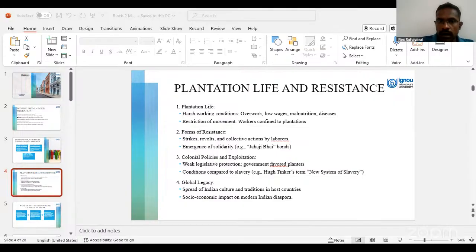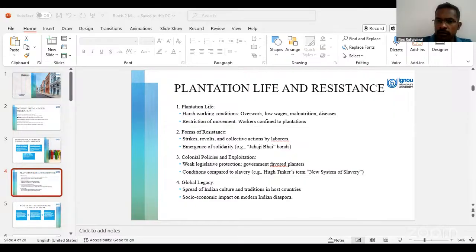This kind of hard labor and the conditions we have just seen impacted the health of the indentured labor workers, who were going on a contract. They had a lot of job-related and environmental diseases and mortality.